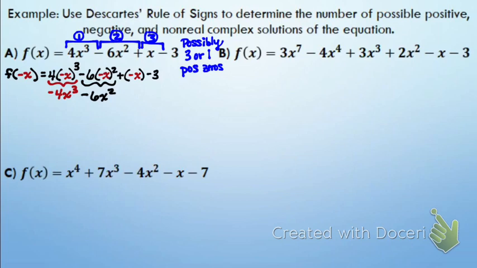What about here? That's going to be a negative. So I have minus x. And then this stays the same, so minus 3. Do I have any variations, any changes as I look from term to term? Nope, no changes.